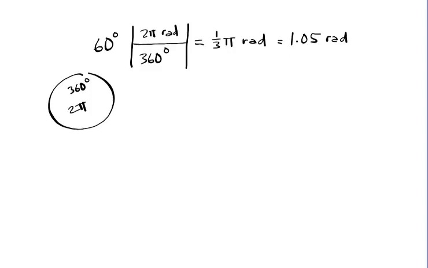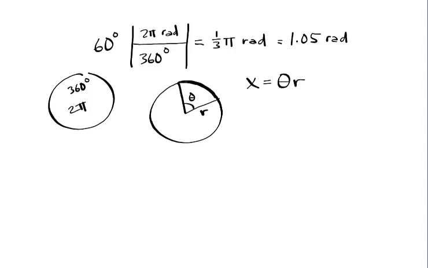Now, one of the things that's important is being able to relate the linear quantities to the angular quantities. Back in your math class, you learned that the arc length, this distance along the outside of the circle, is equal to, now in math you use an S, but we like to use x's for linear quantities in our class. That distance along there would be the angle of the arc times the radius of that circle.